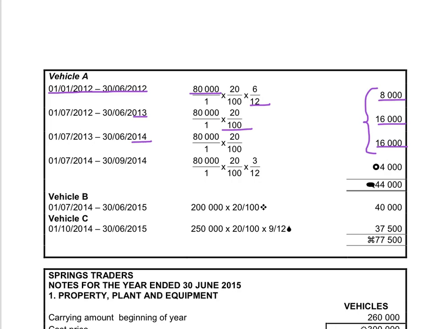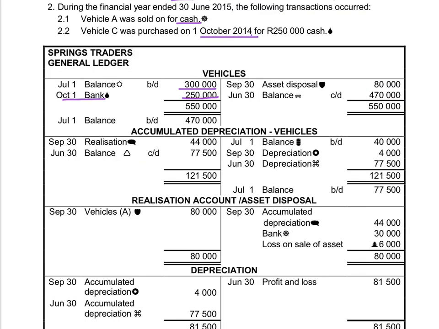Then I will add these total amounts together and we see that we've already written off 40,000 in the previous years. So I will open my accumulated depreciation account with a balance of 40,000. On the first day of the current financial year, we start off with a balance of 40,000.